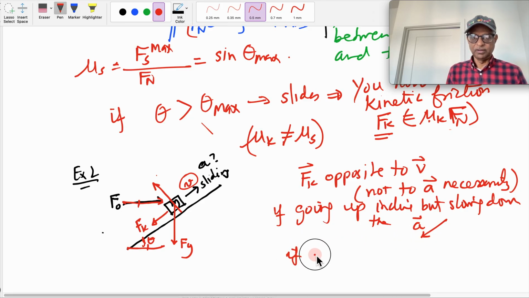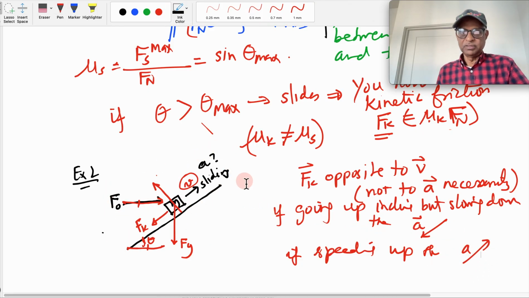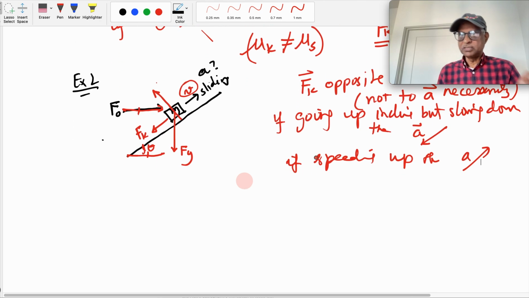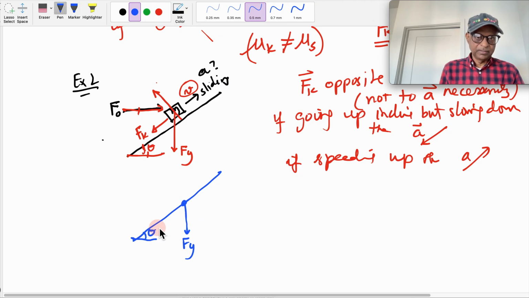If speeding up, then the acceleration will be pointed up, and these will show up, when we set the problem in components, as either positive or negative. So let's see, just like last time, we have Fg, this angle theta, we have Fn.